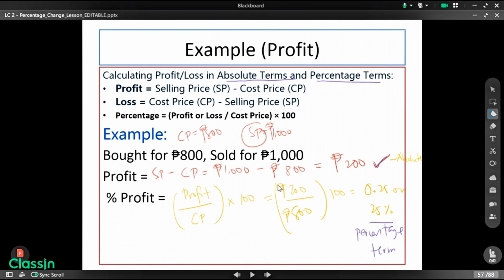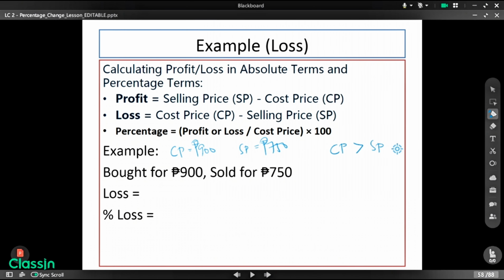What about on the previous part, the cost price is less than the selling price. That's why you will gain a profit. But in this example, you will have a loss because the cost price is greater than the selling price.